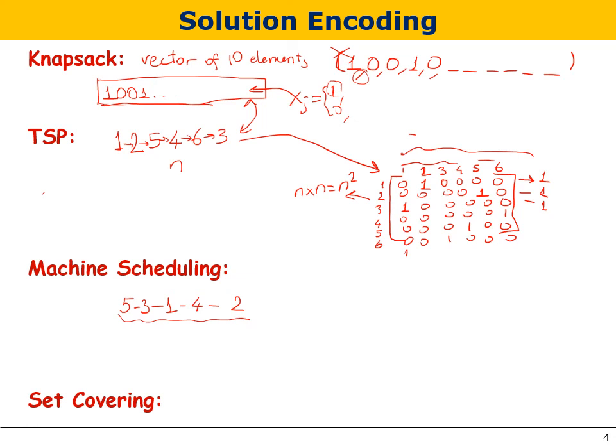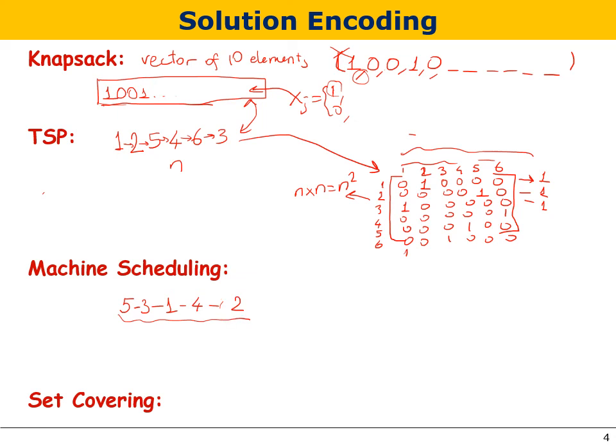Instead of the ordering of the cities, we have the ordering of the jobs. The basic difference is that in TSP, after 2, we assume that we are moving back to 5. But in machine scheduling, there's nothing like this. At the end of job 2, the schedule is completed. So this is the starting point, this is the ending point. It is not a tour, and there are no subtour constraints in machine scheduling.